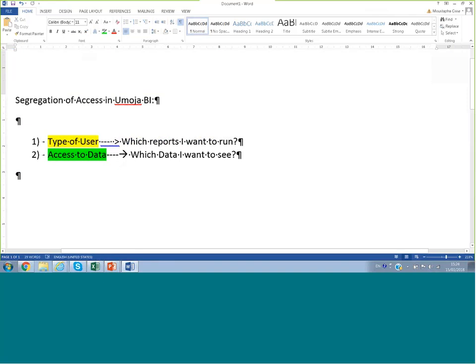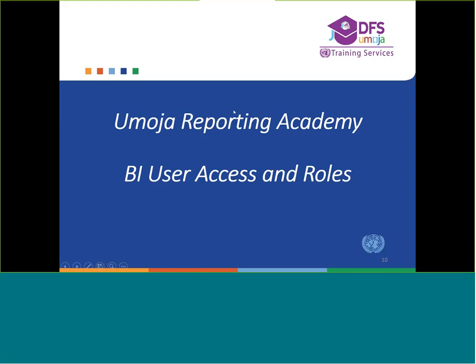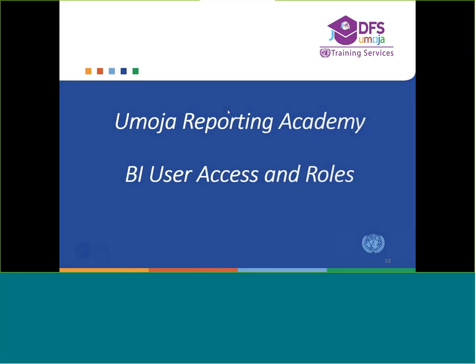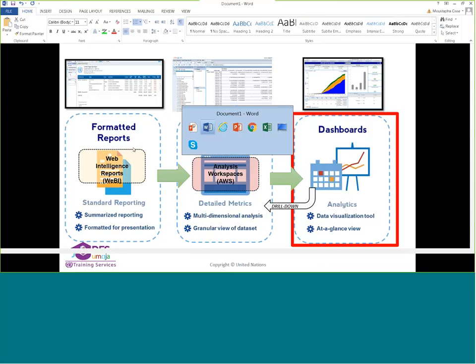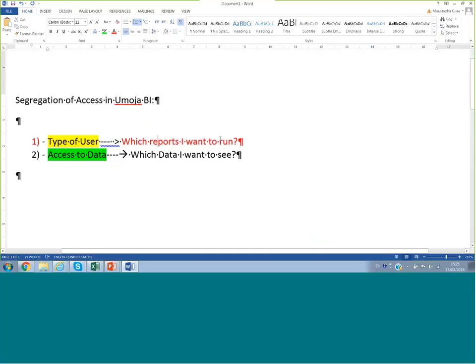So you have to ask yourself a question: which reports do I want to run? Then let me go back to the presentation. Do I want to run formatted reports? Do I want to run ad hoc and formatted reports? Do I want to only run the dashboards and the rest? You have to ask yourself, or your unit, or the way the strategy in terms of reporting of your mission is developed, which is the type of reports I want to run in BI.